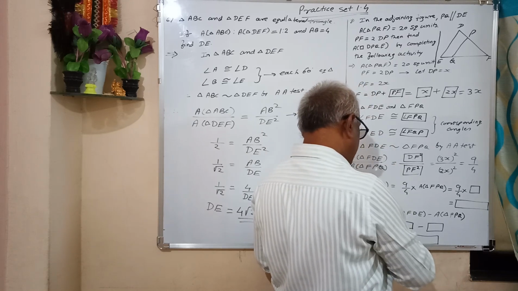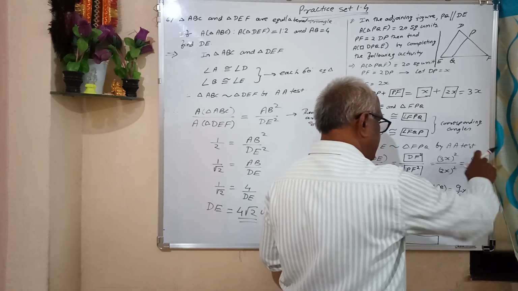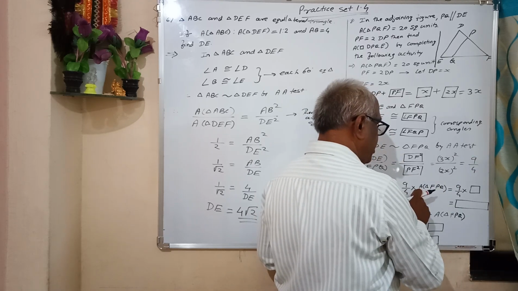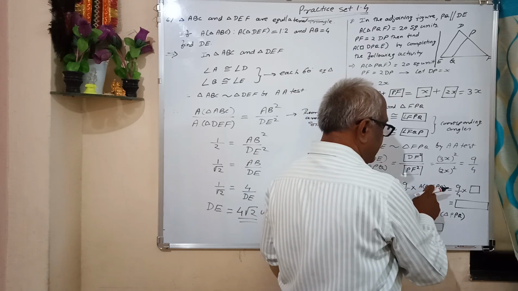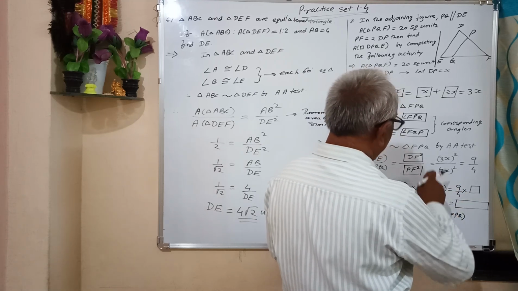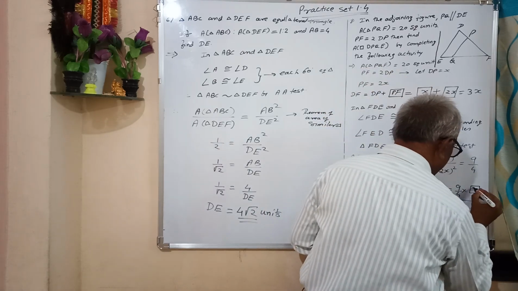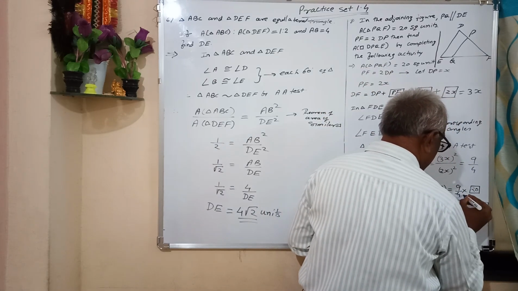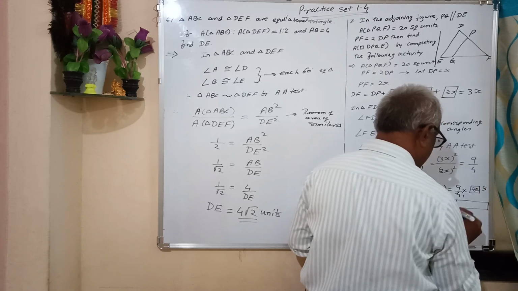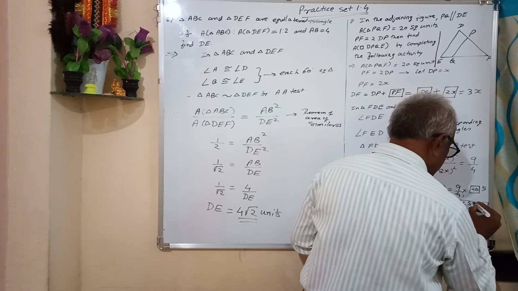Now area of triangle FDE is equal to 9 upon 4 into area of triangle FPQ. Area of triangle FPQ is given, that is 20. So 4 ones are 4, 4 5s are 20. 9 into 5, 9 5s are 45 square unit.